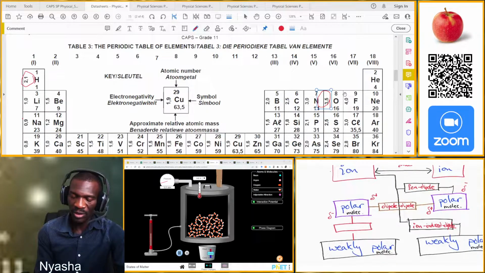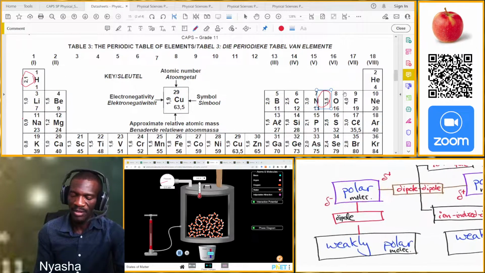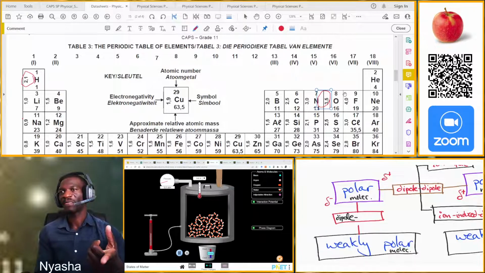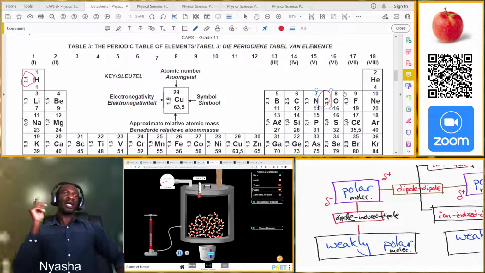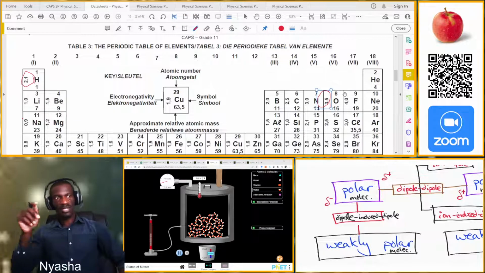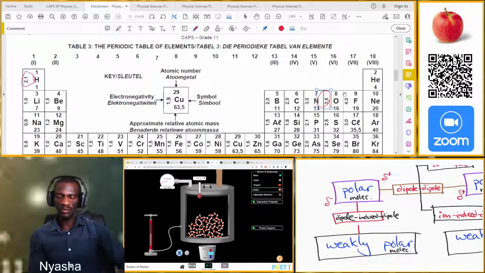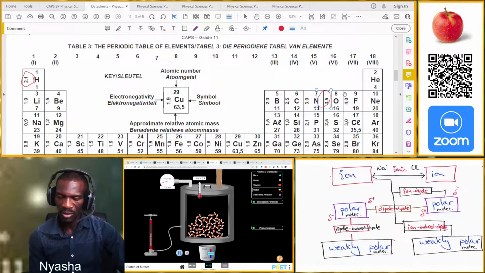You've got a dipole that induces what? A dipole. Because in these molecules, you can only have an induced dipole. So that will be your dipole-induced dipole forces, between the polar molecule and the non-polar molecule.